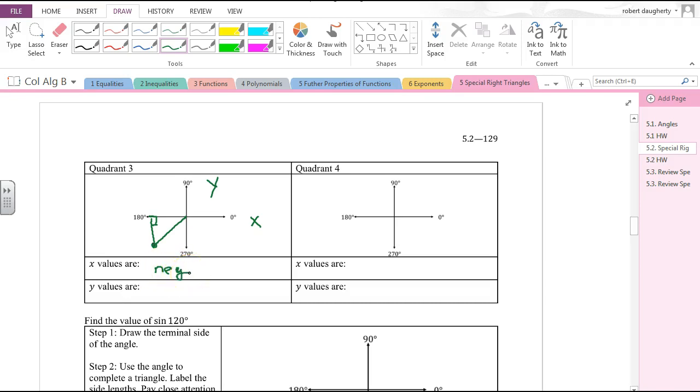And then what about the y direction? Do I travel positive or negative? I travel negative. Okay, so when I draw a triangle in this quadrant, instead of 1/2 and square root of 3 over 2, it's going to be negative 1/2, negative square root of 3 over 2. If I go to the fourth quadrant, here's x, y. To get from the origin to this point right here, I travel in the x in what direction, positive or negative?